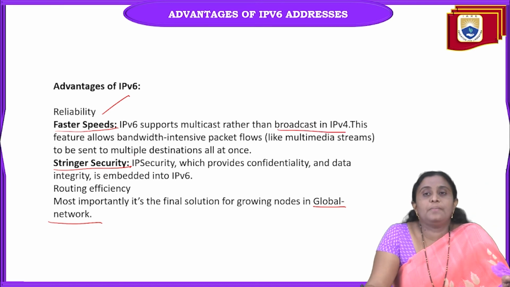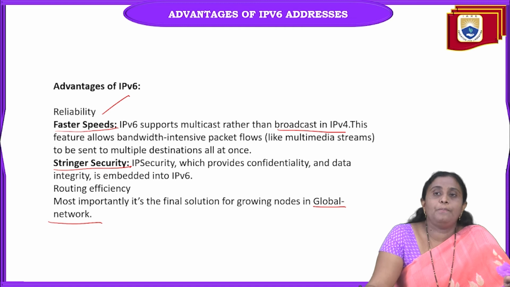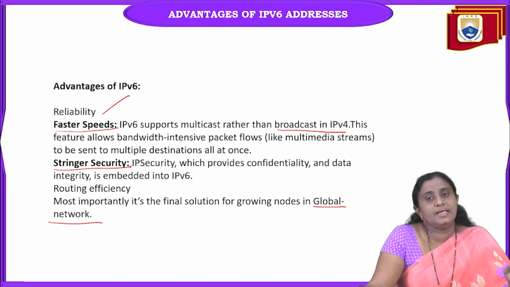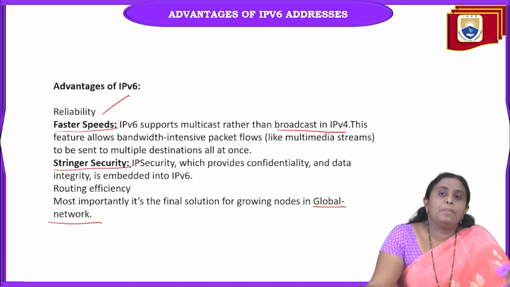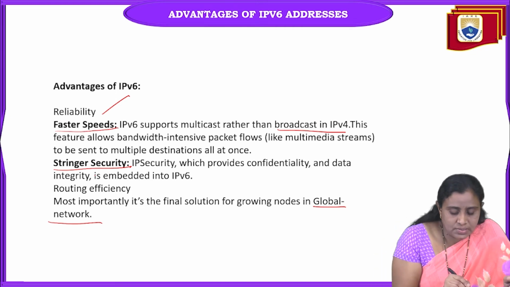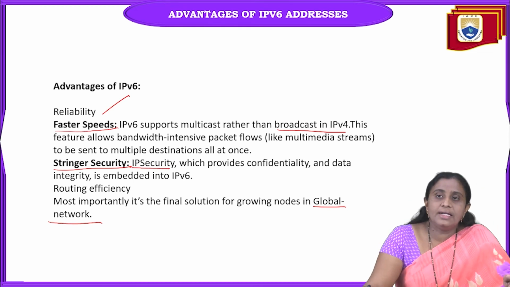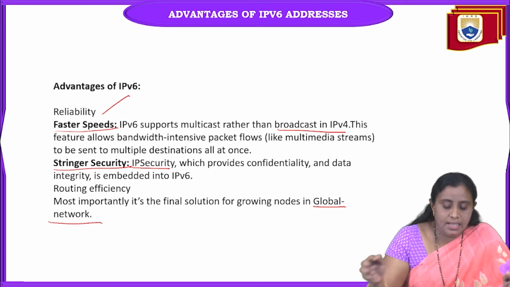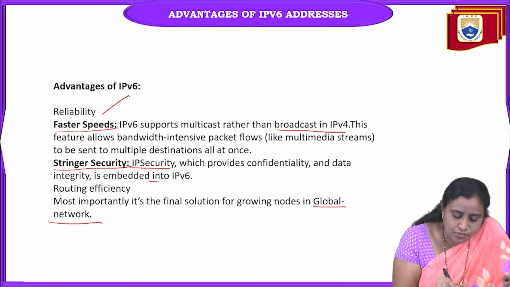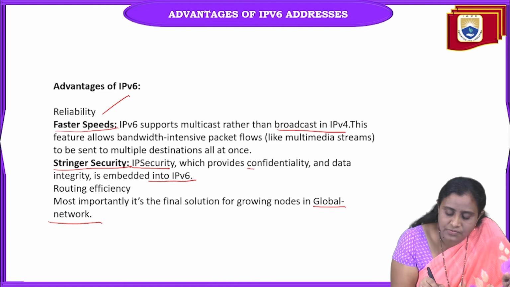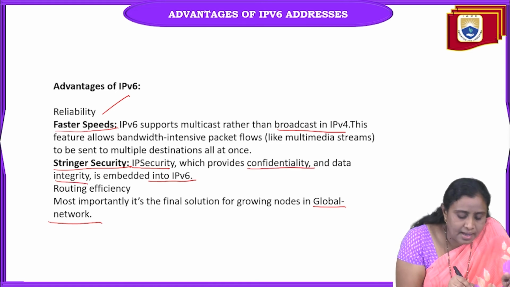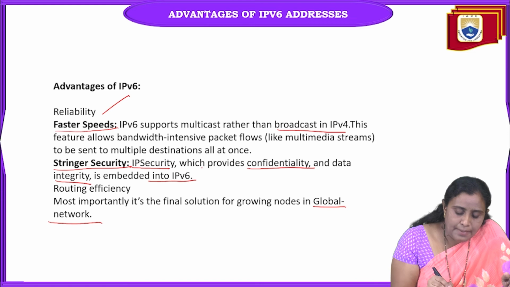This feature allows bandwidth-intensive packet flows like multimedia streams to be sent to multiple destinations all at once. Coming to stringent security, it is otherwise called IP security, which provides confidentiality and data integrity, embedded into IPv6.